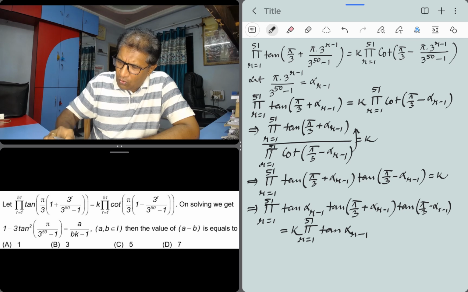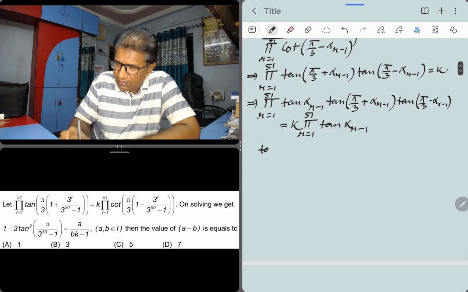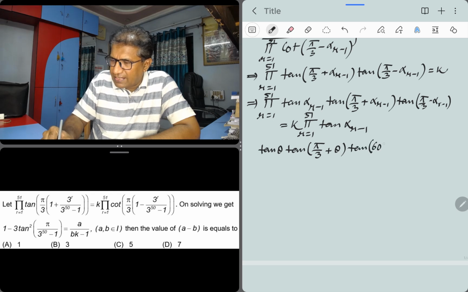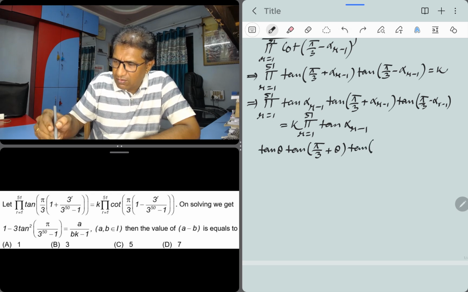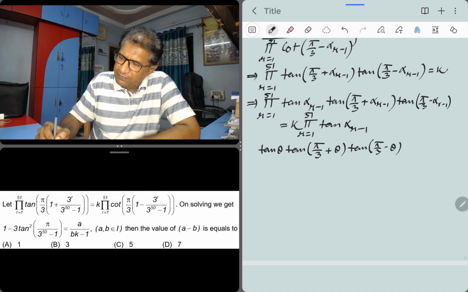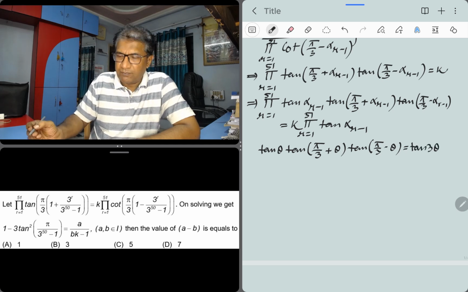Now, we all know that tan theta into tan 60 plus theta into tan 60, or pi by 3 minus theta, is basically tan 3 theta. Okay?